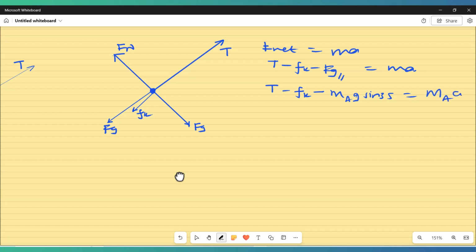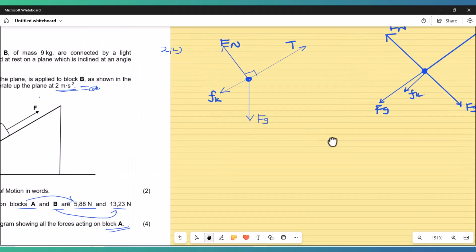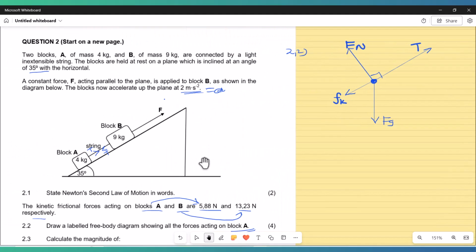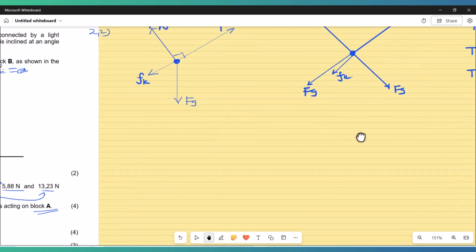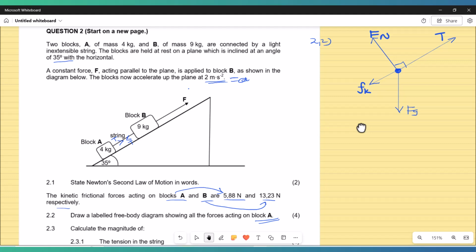So we're now substituting, looking for this tension T. Which Fk do we have? Check the question, where they say respectively, our Fk is 5,88. What about the mass? The mass is 4 kg.